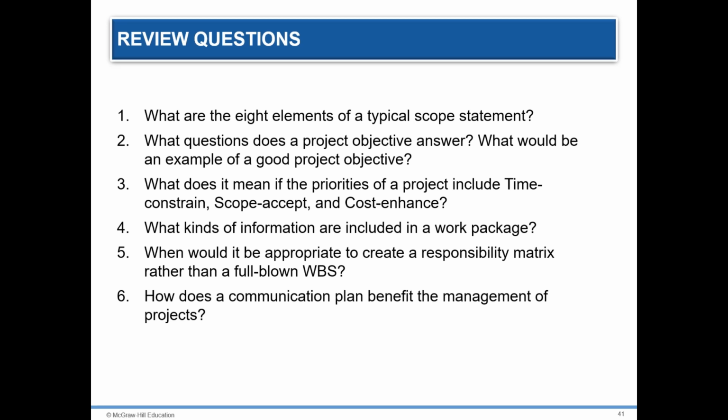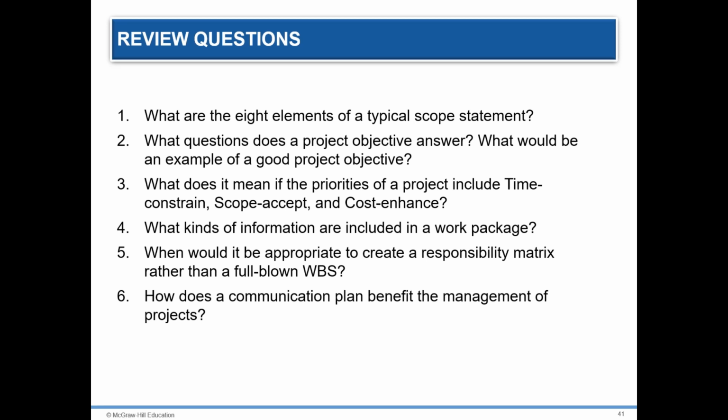So that covers chapter 4 about defining projects. Here are some review questions to help you understand this chapter further, including: what are the elements of a typical scope statement? What question does the project objective answer? What does it mean if the priority of a project includes time constraint, scope, acceptance, and cost?